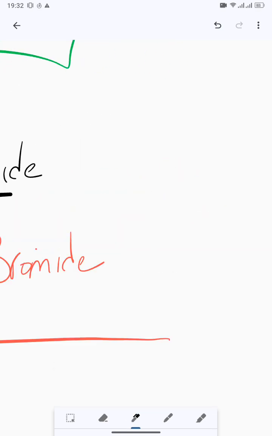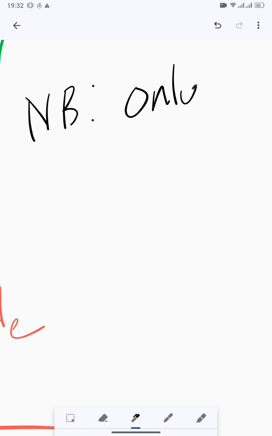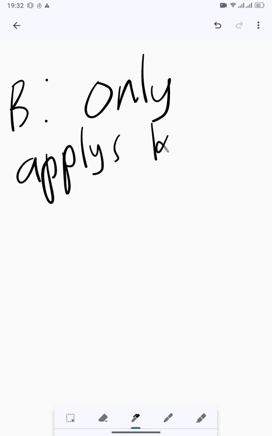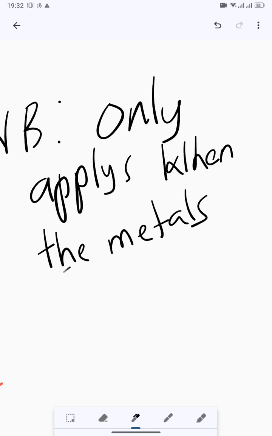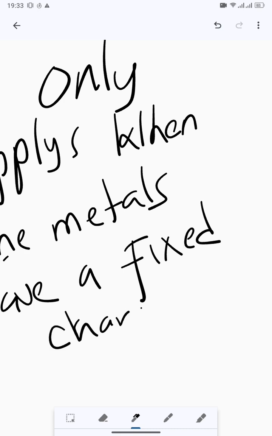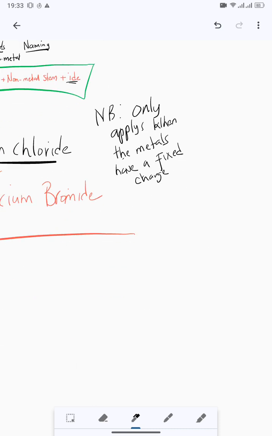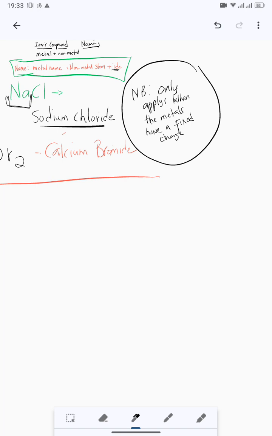NB: this only applies when the metals have a fixed charge. Please, this is very key. This is very key.